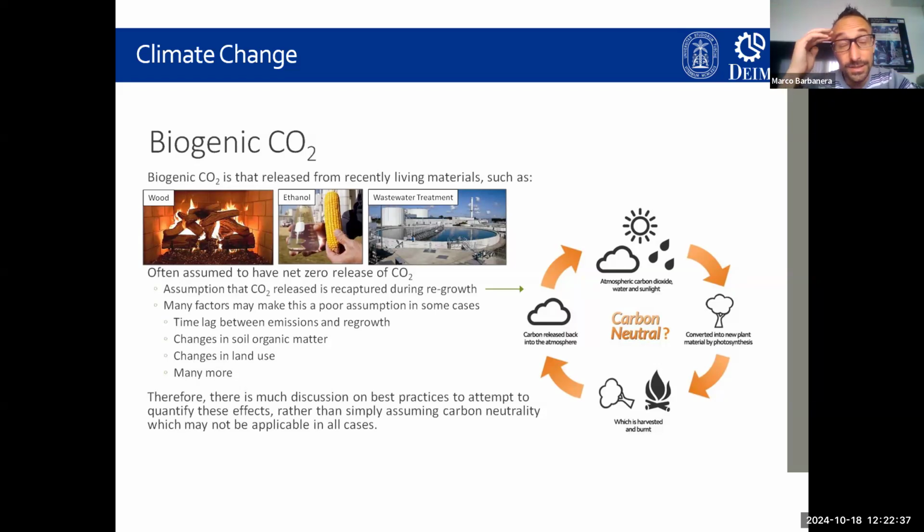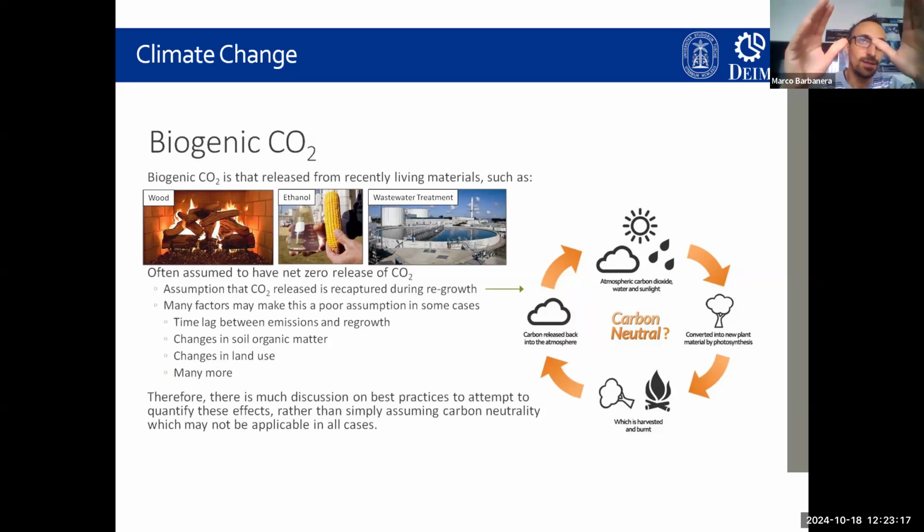So when we analyze the climate change impact category, it's important to consider this aspect. Typically, if we consider 100 years, we don't have this problem, because 100 years is a time frame sufficient for the recapturing of the CO2 by the plants. But if we consider 20 years as our scenario, we could have this kind of problem.